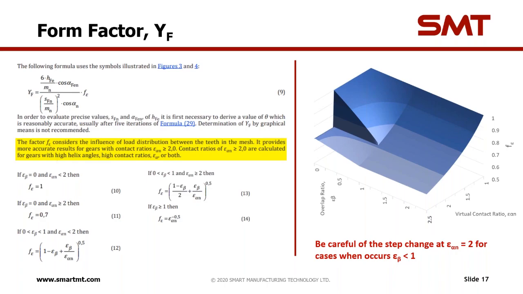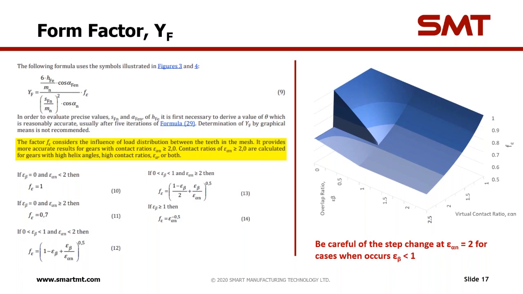Helical gears also have different factors. Again, the values of F epsilon would be contributing to increase your safety factors in general, and it would be balanced a little bit with the helix angle factor.